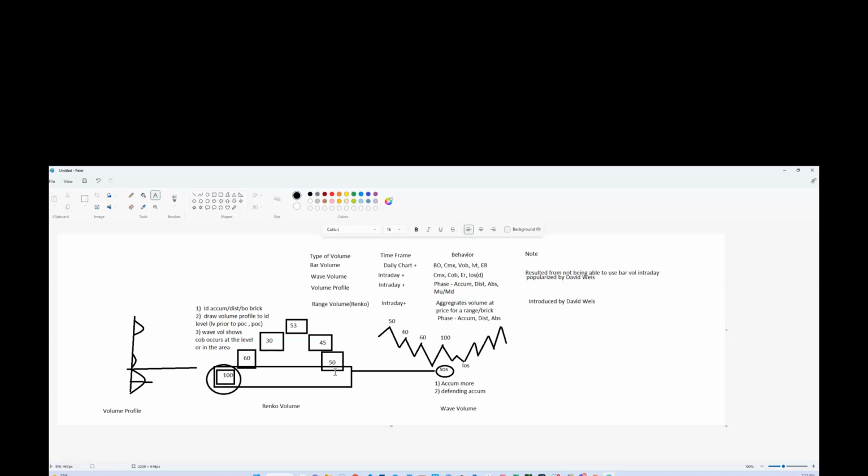Using volume profile by itself, you can make mistakes, but with the Renko, it will prevent you from making the mistakes, because you'll know precisely which brick has more and which brick has less, and where to go, like which area to target, and then use a volume profile to get specifics.